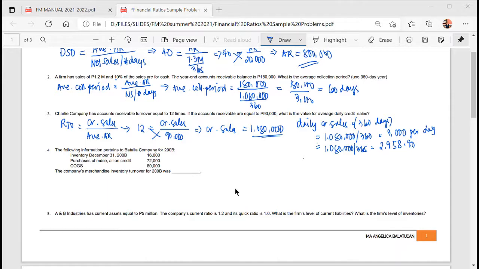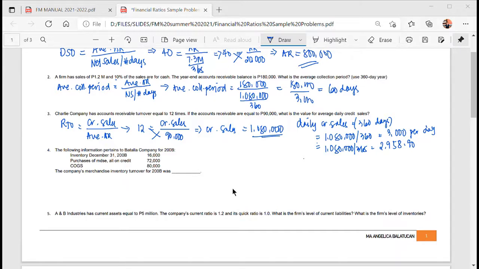Again, it depends. You can answer both if it's not given. There's really no standard that you're going to use a certain number of days, because in some problems they even use 350 depending on the number of business days within the year. They use 365 if that's completely 1 year. Others also use 360.